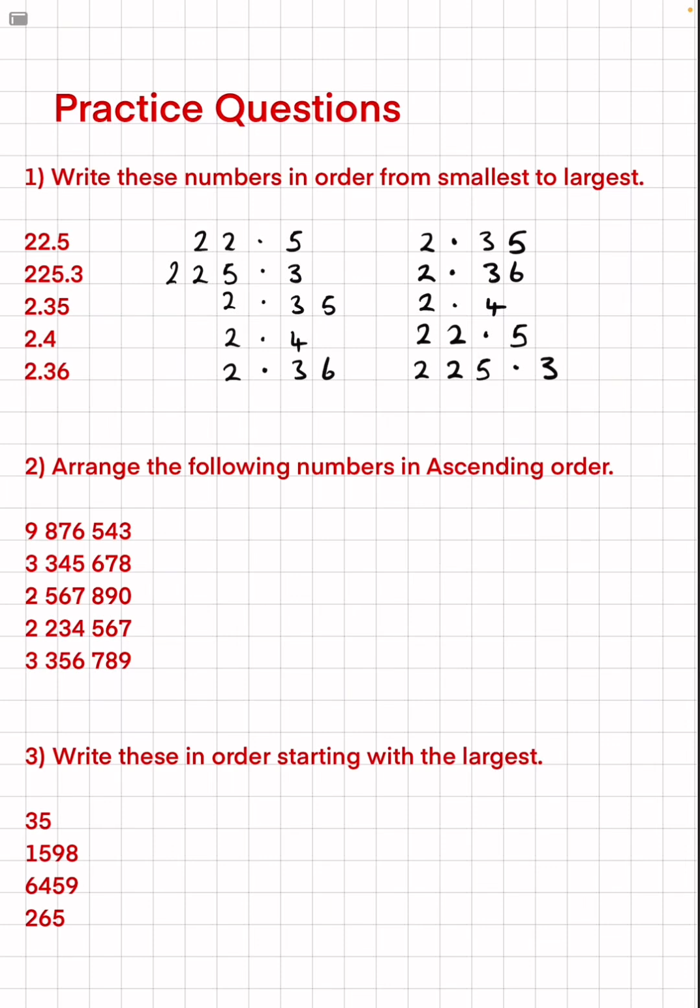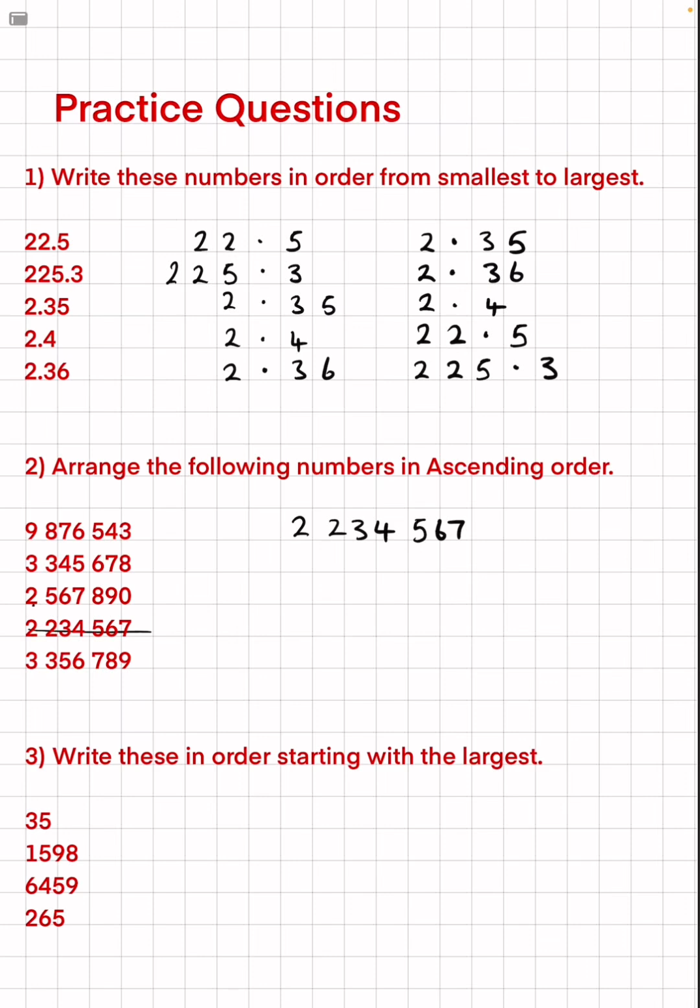So the smallest number will be out of these two numbers. If we compare these two numbers, we've got the same millions digit, so we can move on to the hundred thousands. We've got 500,000 and 200,000. 200,000 is smaller than 500,000, so the smallest number is 2,234,567.